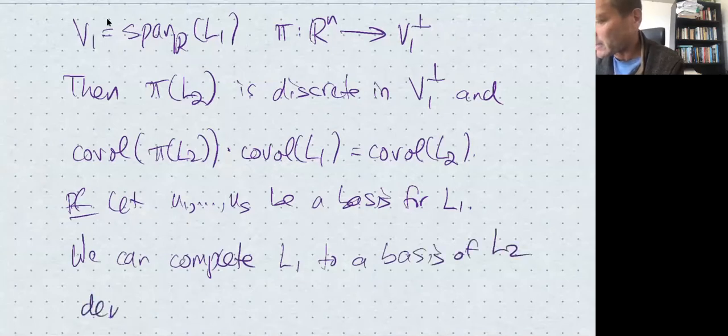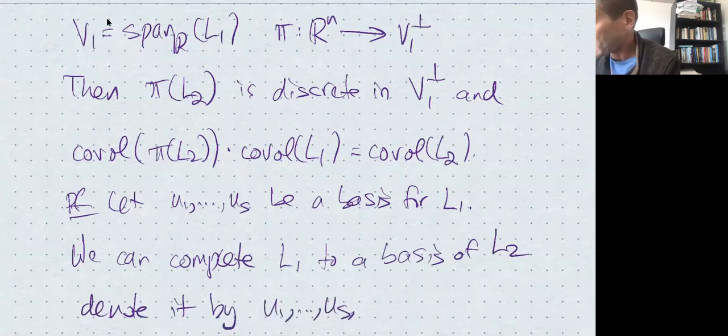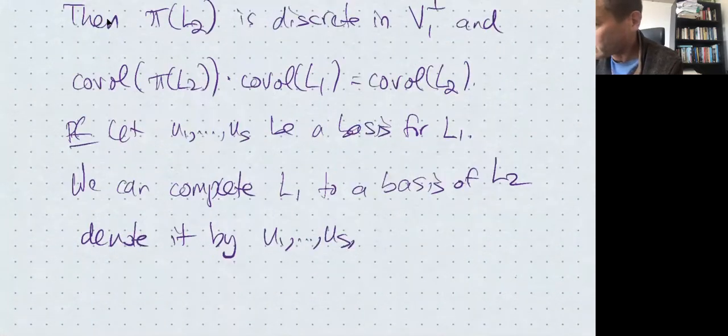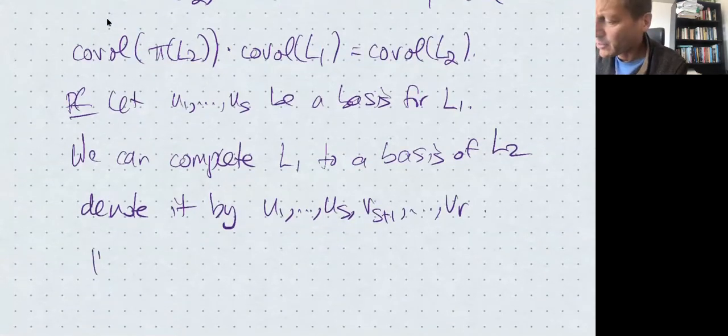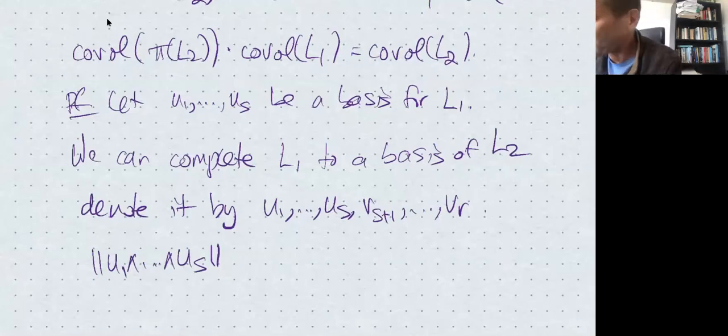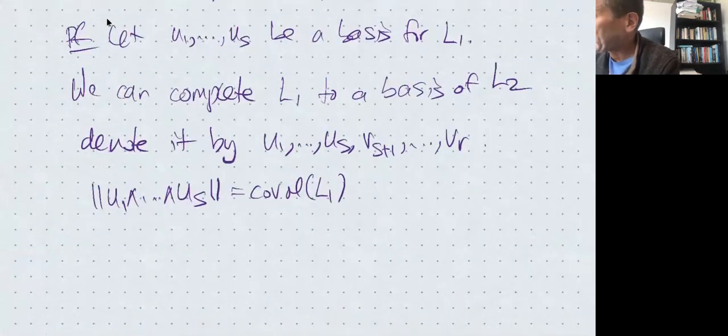That's denoted by U1 up to US, and then V_{S+1} to V_I. By the previous corollary, the norm of the exterior power of the U_i's is the co-volume of L1.